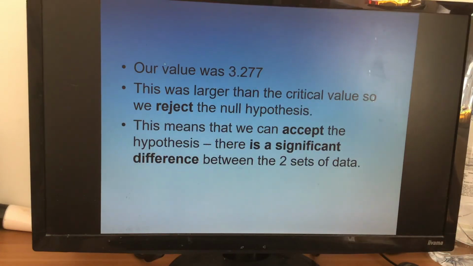So it's a larger value, therefore you reject the null hypothesis. The null hypothesis was that there wasn't a statistically significant difference. That now means we accept the hypothesis, which means that there is a statistically significant difference between the plant height on the north or on the south facing field.